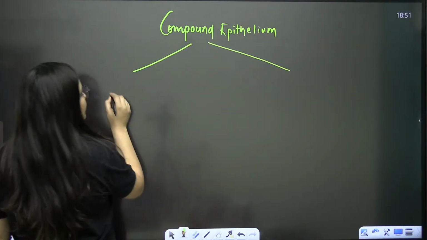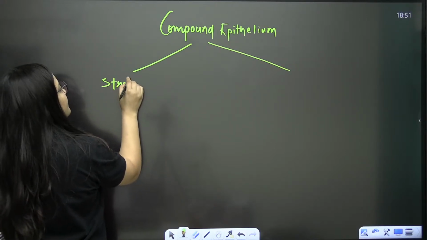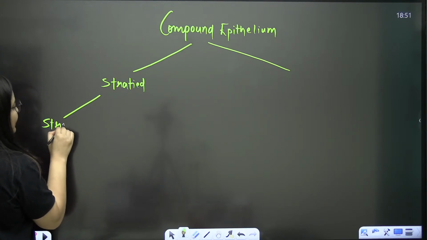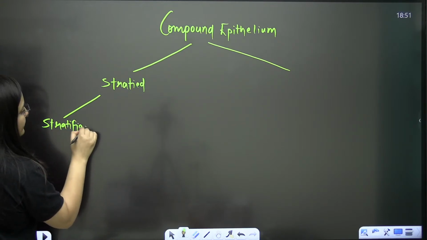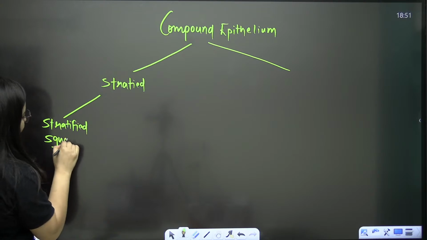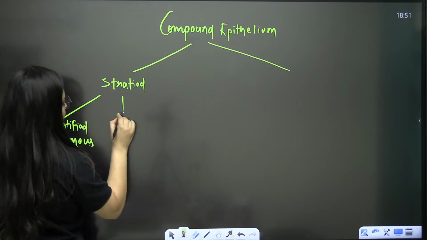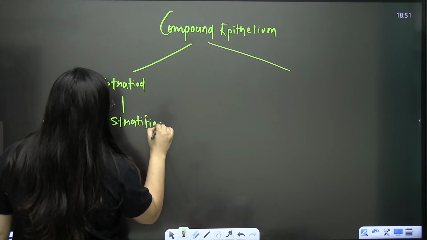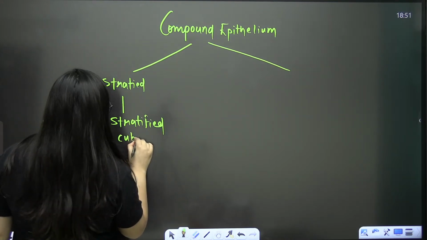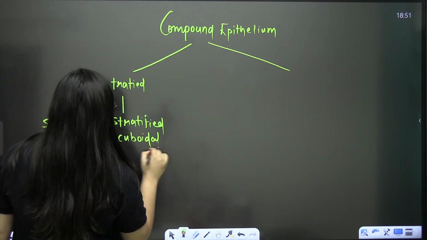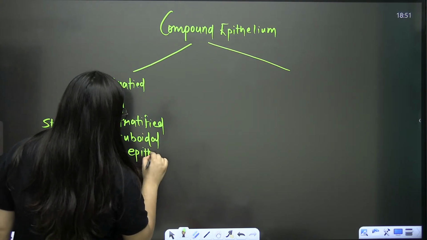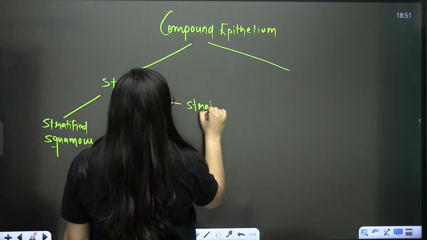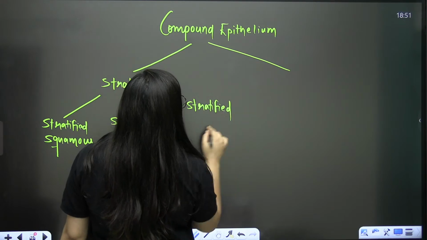I told you that here you will have stratified epithelium. You will have stratified squamous epithelium, stratified cuboidal epithelium, and stratified columnar epithelium.